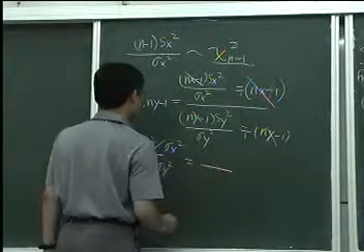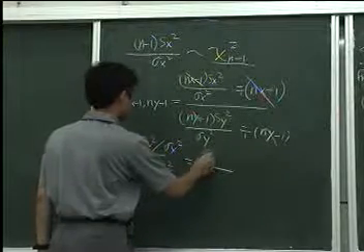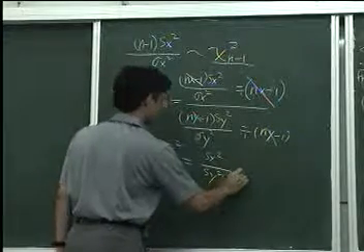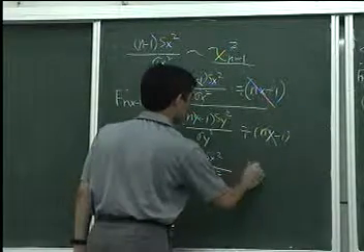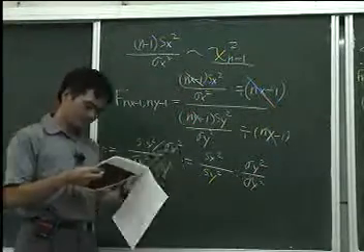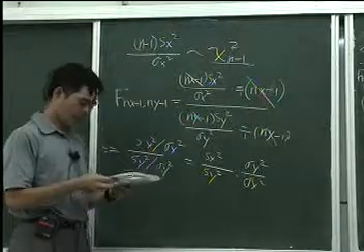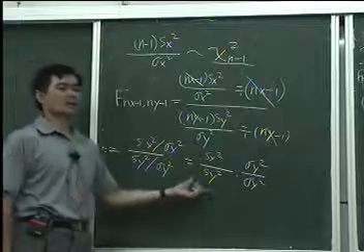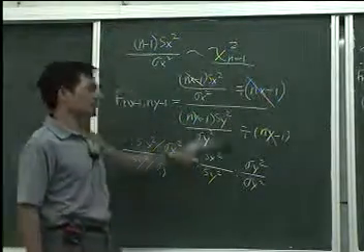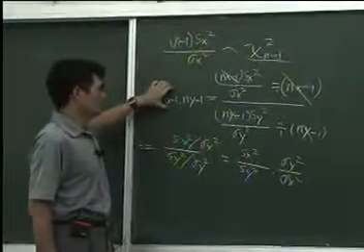Then this will be equal to S_x^2/S_y^2 times sigma_y^2/sigma_x^2. Basically, the original definition of the F distribution is here, and then you can get from there to here.